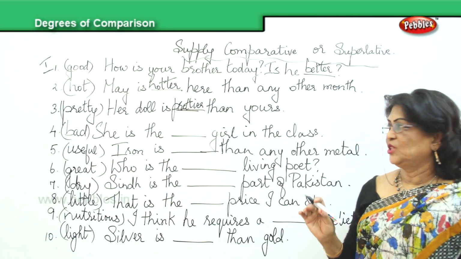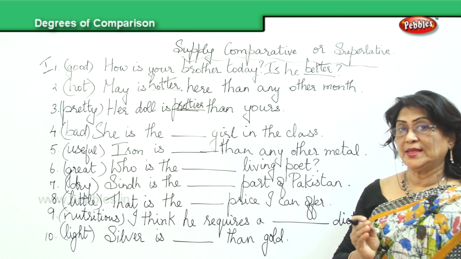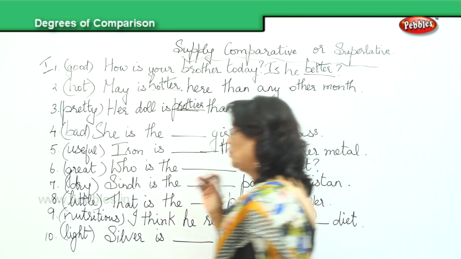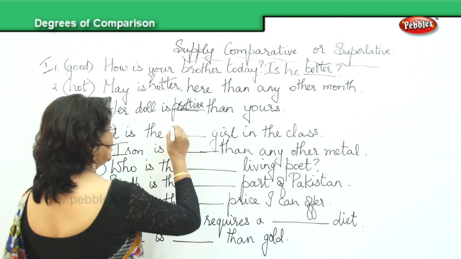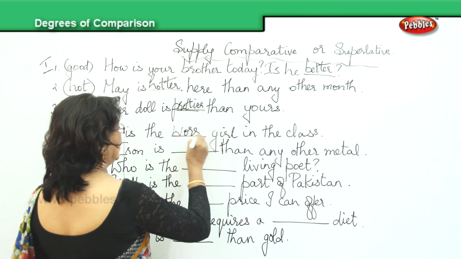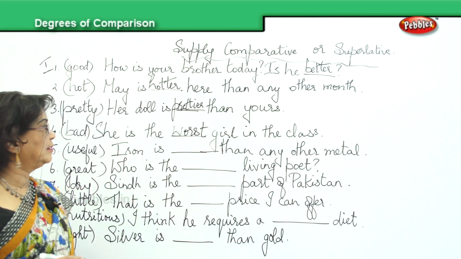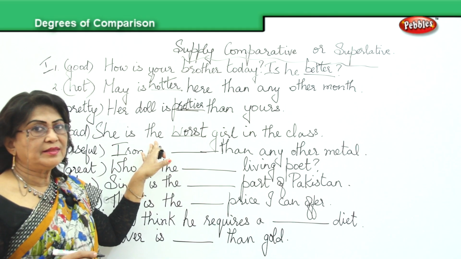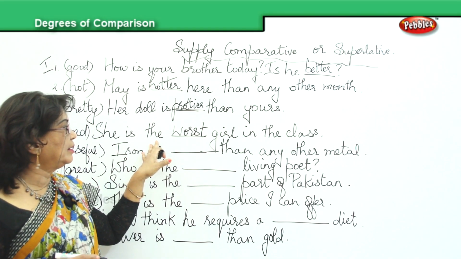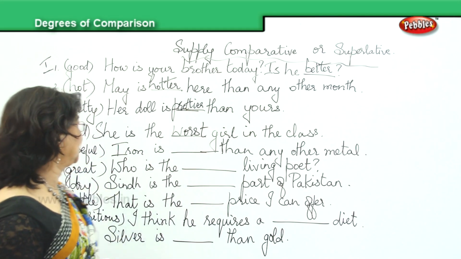No. She is the worst girl in the class. Always this is a clue. When you have a the, it will be followed by a superlative degree.